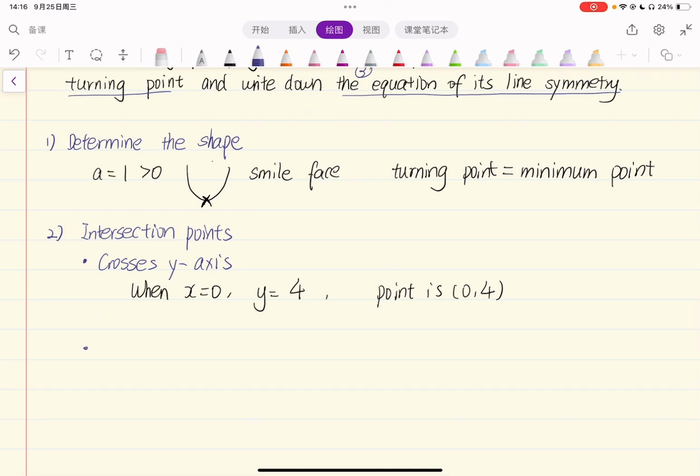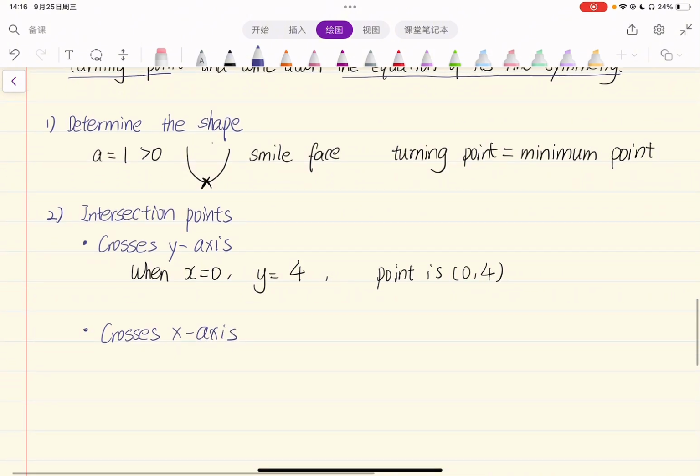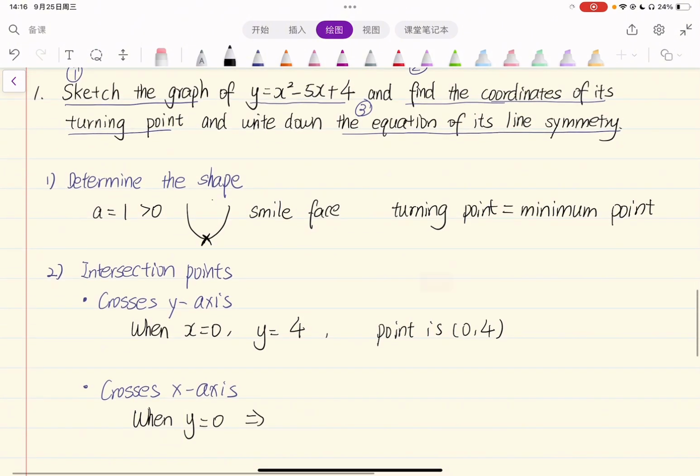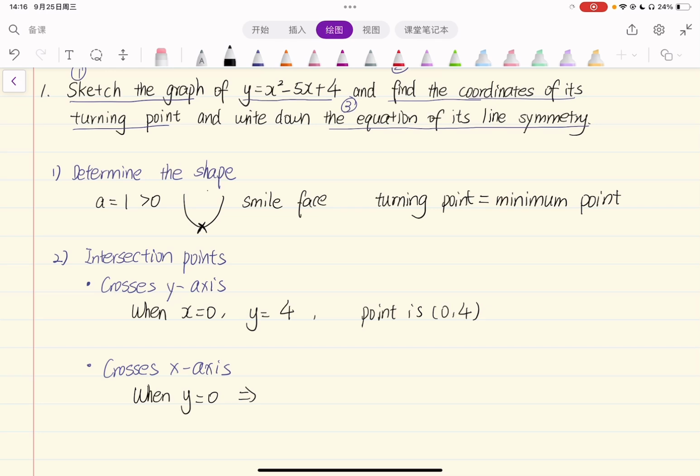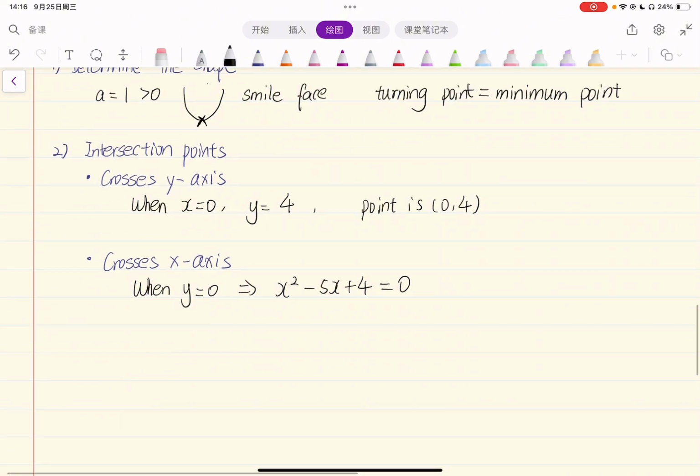Then think about where it crosses the x-axis. That is when y equals 0, which implies x squared minus 5x plus 4 equals 0. So we need to solve the quadratic equation.